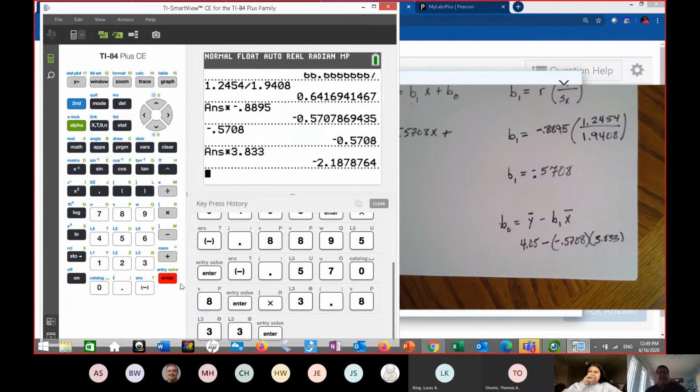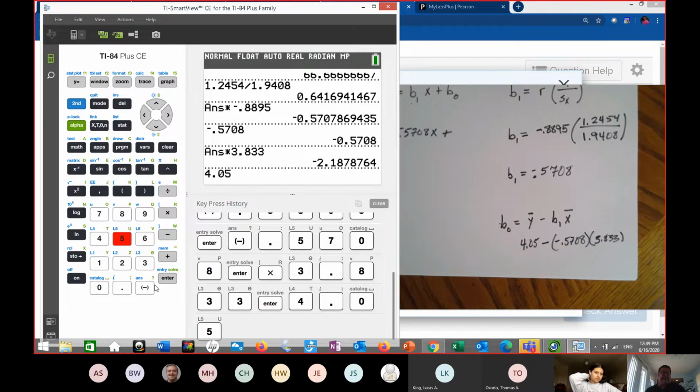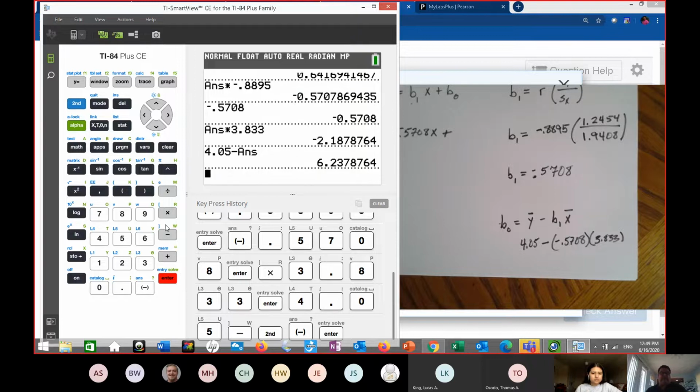Okay, there I get negative, but it's going to become a plus because of the negative. So I'm just going to go 4.05 minus the second answer, and it should give us 6.24.